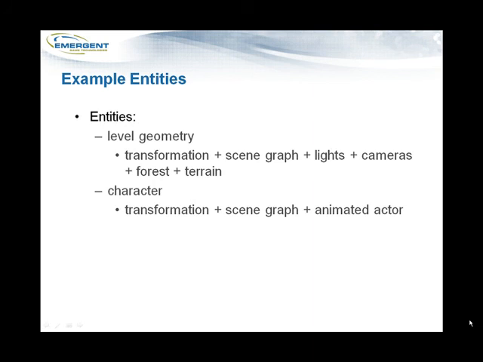An entity that held a character would have a transformation, a scene graph for that character's geometry, and bones and skinning data, and an animated actor, the KFM that has all the character's animations and how those tie into the bones and the skinning. You can find plenty of examples of this in the EGT path samples, models, and scene designer examples. And all of those examples can be loaded into Scene App, our shell application that loads entity system data files.